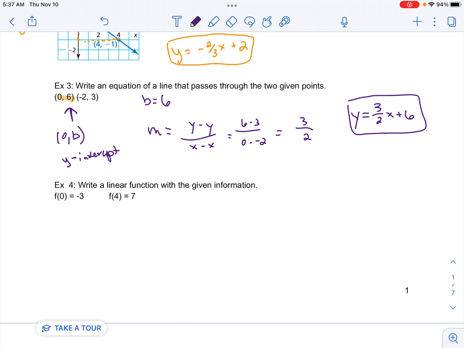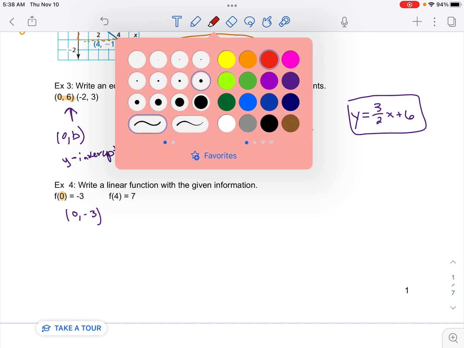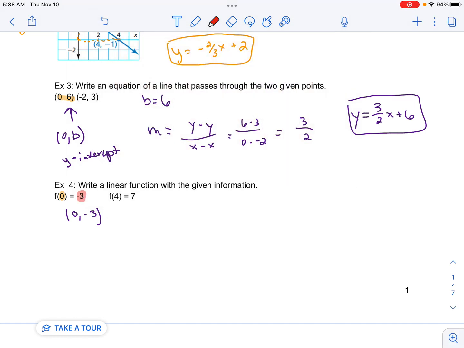Example 4, write a linear function with the given information. So a linear function, remember, isn't that much different than an (x, y). We have 2 points here. My first point is at (0, -3). So what I did is I pulled the x out from inside that function, and then my y coordinate was that -3.